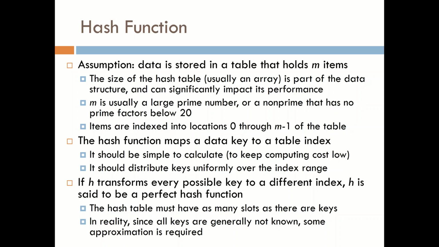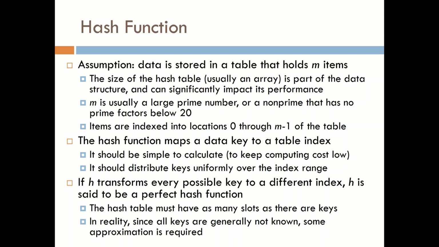So the way that this is different from an array is the notion that, for instance, based on my hash function, the value 26 can go anywhere in my table. It need not go into index location 26 in the table. And we can place it anywhere based on the output of the hash function.